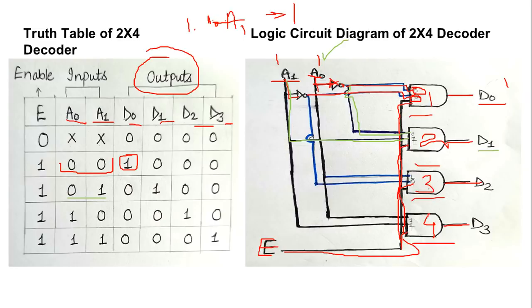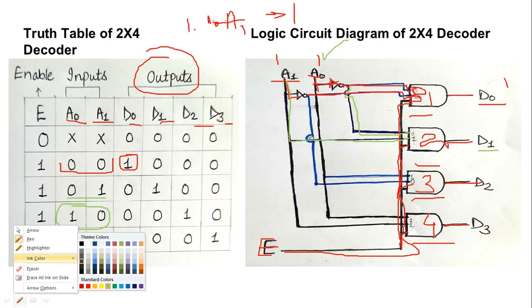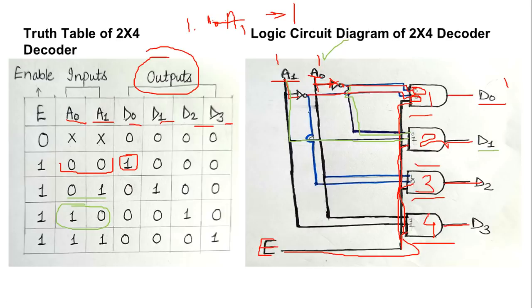Then the next thing, for the third decoder output, I need the values to be equal to 1 and 0. So in order to provide 1 and 0 within the circuit, what I will do? a naught is equal to 1. So this a naught directly is going to be equal to 1.